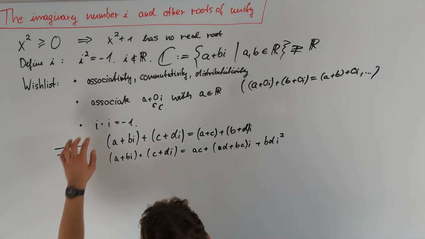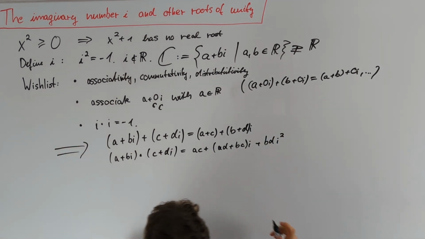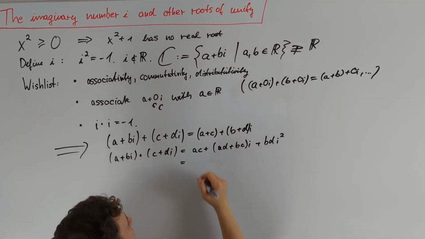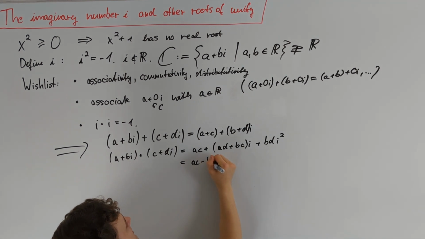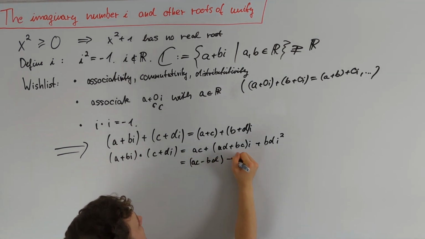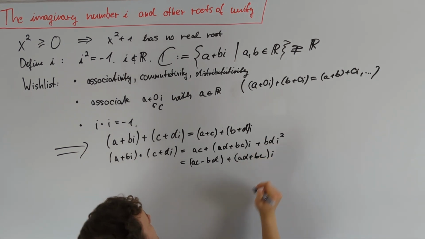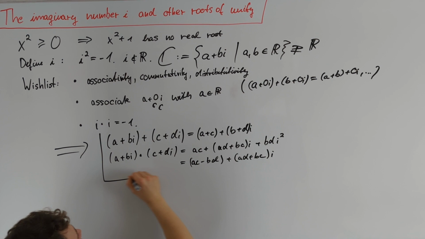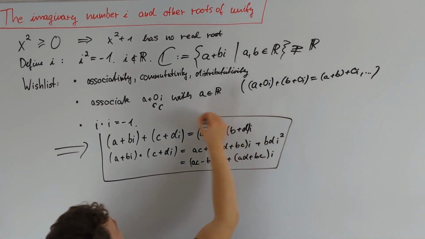And now we want to use our third wish, which implies that this all should be equal to, together with the first one again, ac minus bd plus ad plus bc times i. And these 2 points are our full definitions for addition and multiplication of complex numbers.